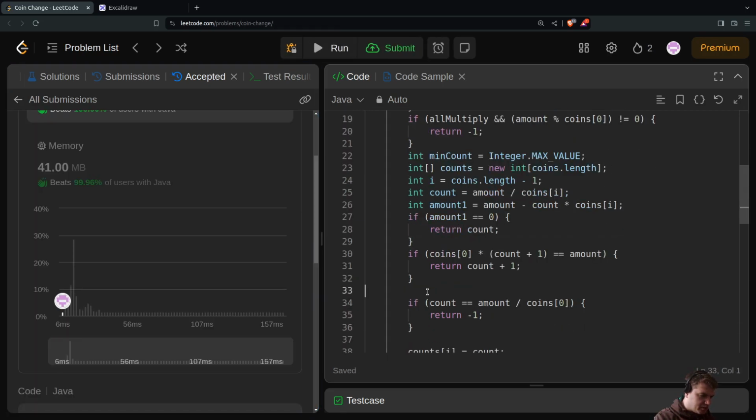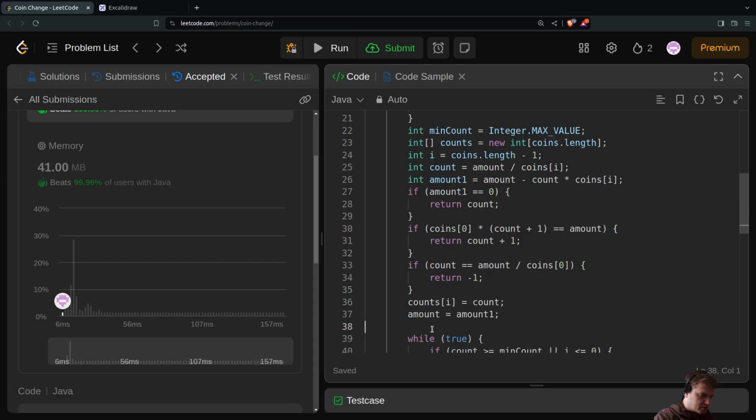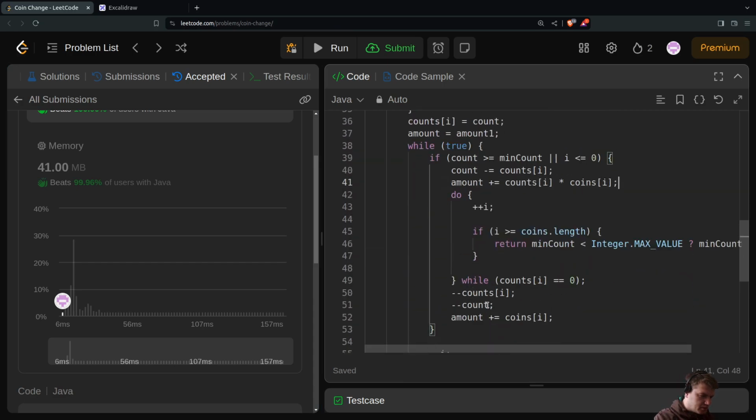It must be something in this algorithm that works really efficiently.